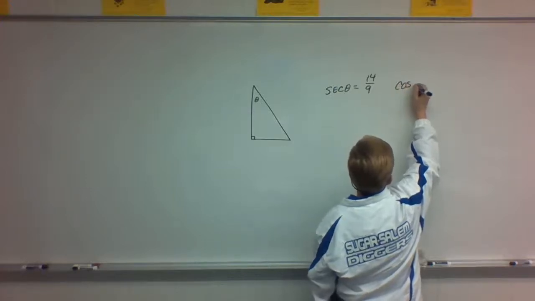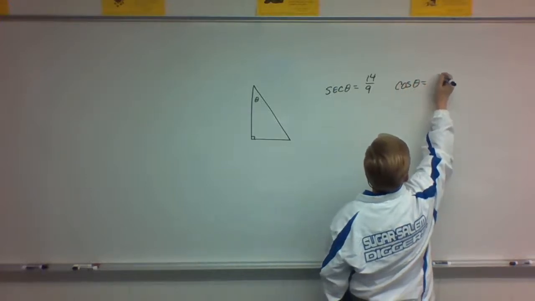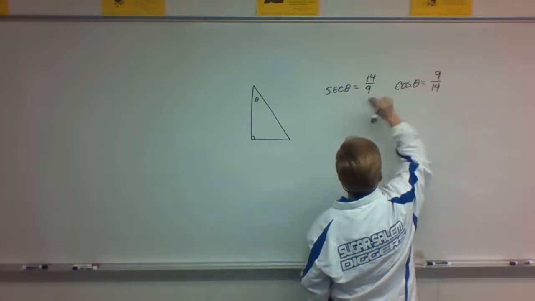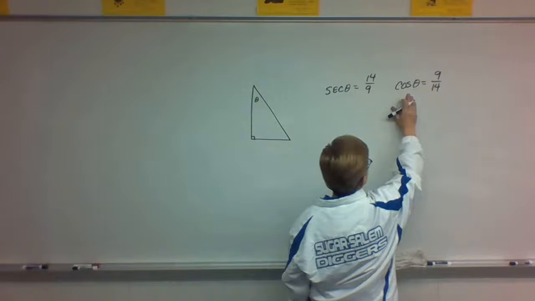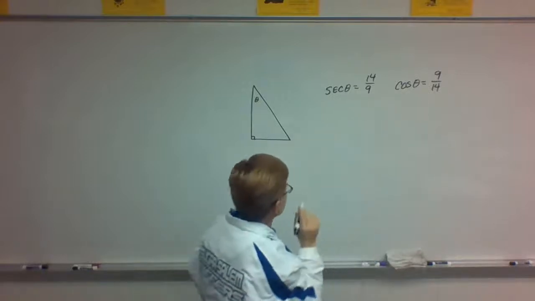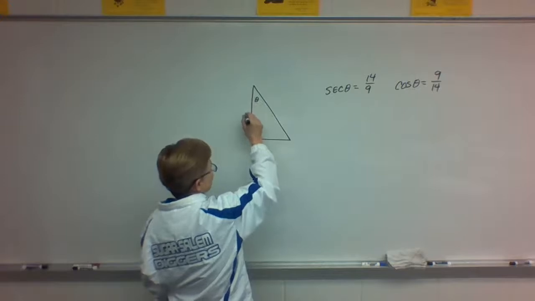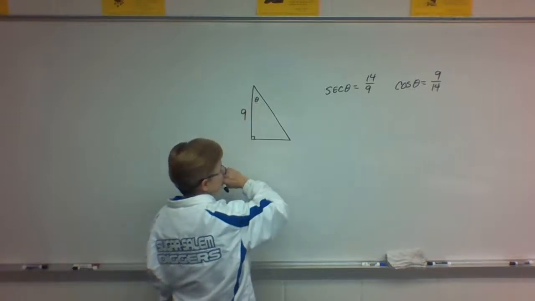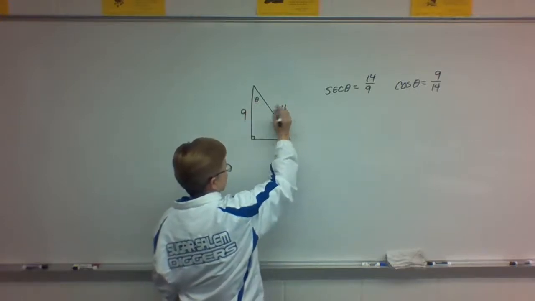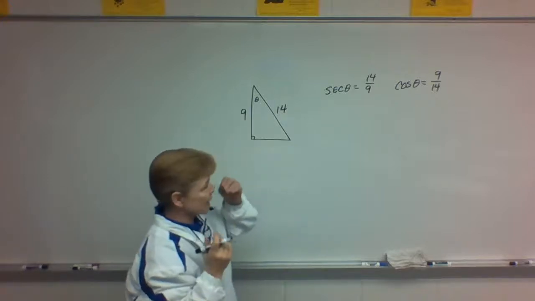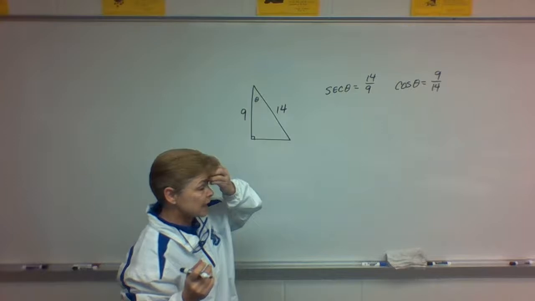What's the cosine of this theta? 9 over 14. Most people remember this relationship better than this one, so that's the reason why I went to here first. I know the cosine is the reciprocal of that, 9 over 14. So when I come over here, here's theta. The cosine is 9, adjacent side, over the hypotenuse, 14. So you've got to fill in your own information about that 9 over 14. You see what I did?